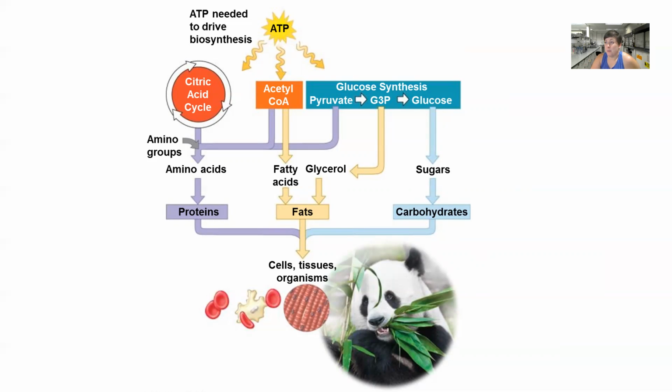The vast majority of biosynthetic reactions, creation of fats and carbohydrates and amino acids in your body, requires cellular respiration or catabolism of ingested macromolecules to create precursors for your biosynthetic reactions as well. So it is a central metabolic pathway not only for catabolism and generation of ATP, but also for biosynthesis and generating precursors that are used in anabolic reactions to build your macromolecules.